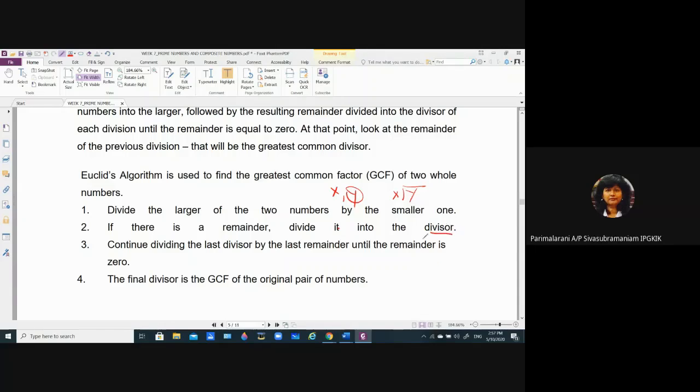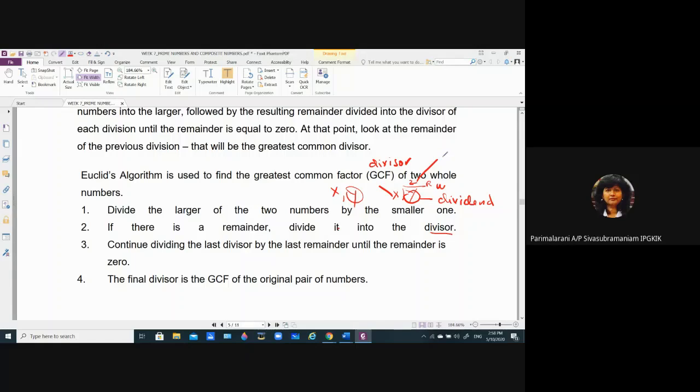Okay, if you have y divided by x, and say you get a z here, and say that your remainder here is w. So the y here is known as the dividend. Your x here is the divisor.